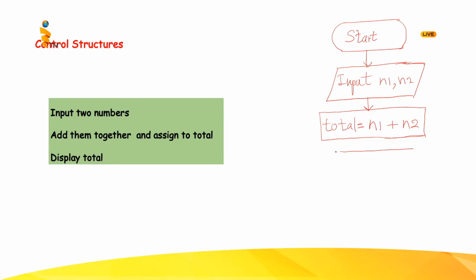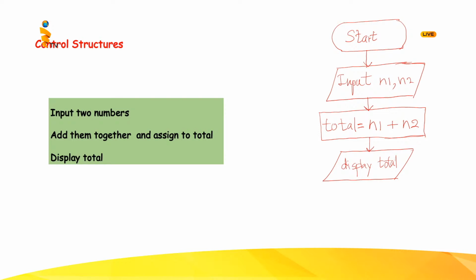I have to draw a parallelogram and I have to indicate the flow, then say display or output. Here I have written in my algorithm as display. So, here I will use it as display. Display what? Display total. So, I am going to write display total.